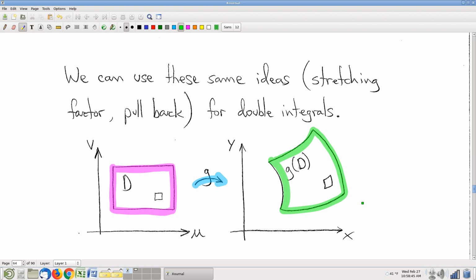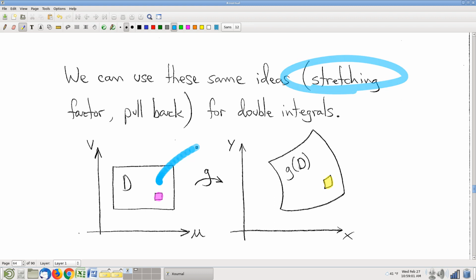And so here's the question we ask. Step one, can I look at a little piece over here, talk about the size of that little piece, talk about the size of its image, and is there some stretching factor that I can write down that'll tell me what you have to multiply by that purple area to get the yellow area?